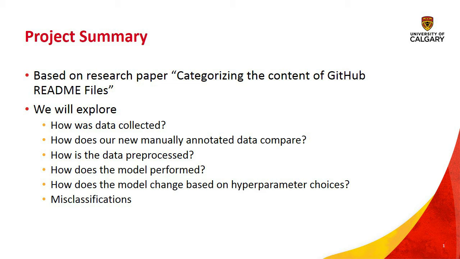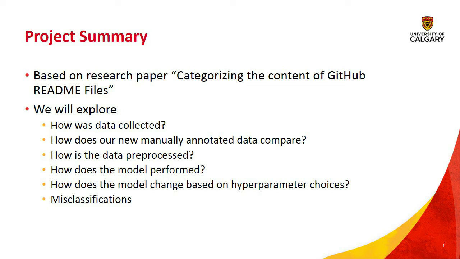First of all, we will look at how the data was collected. Then we will compare how our new manually annotated data compares to the original data set that they have. And then we're going to look at how the data is pre-processed for the model, as well as how the model performs.